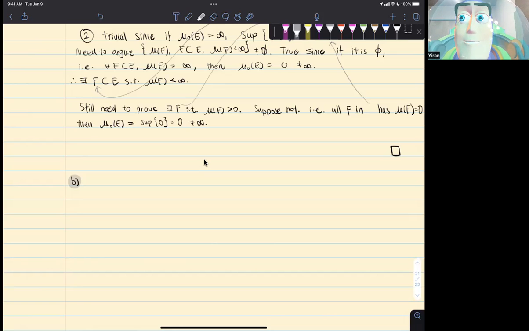And once it is infinite, mu of the union of EJ by definition is equal to infinity.